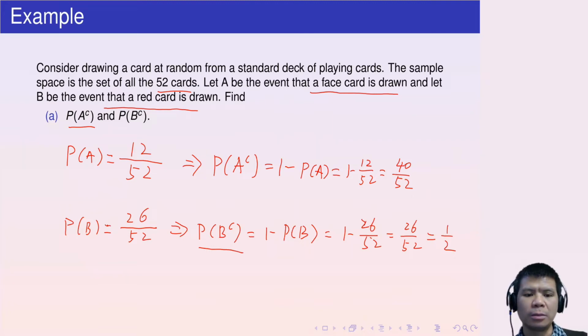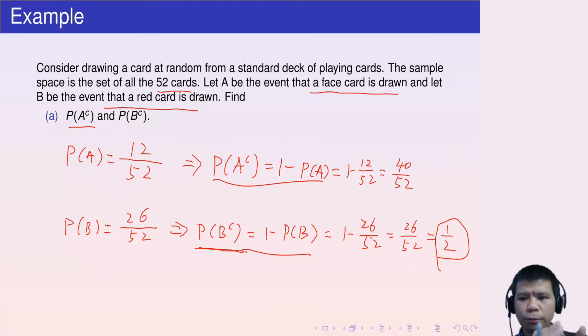So the probability of getting a black card is 1/2. We found this probability using the complement rule, which is used to find the probability of the complement.